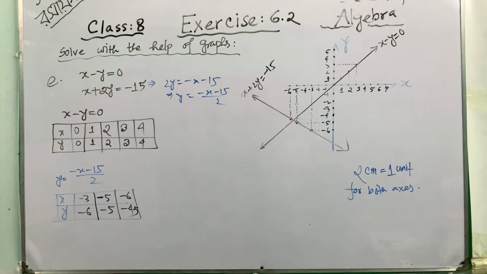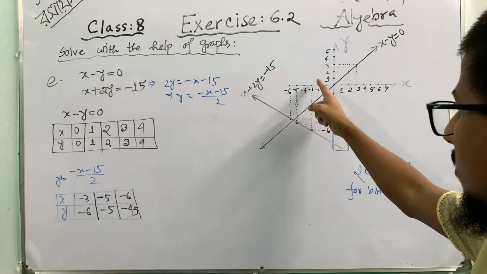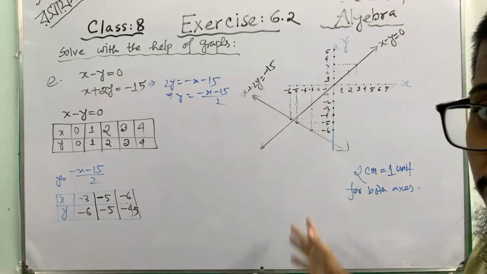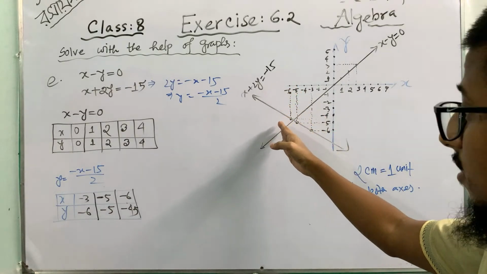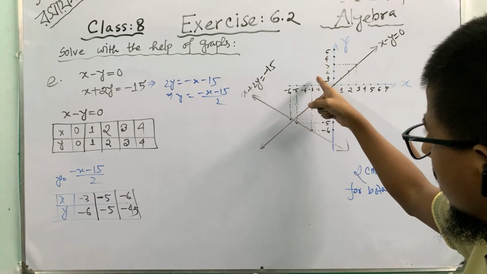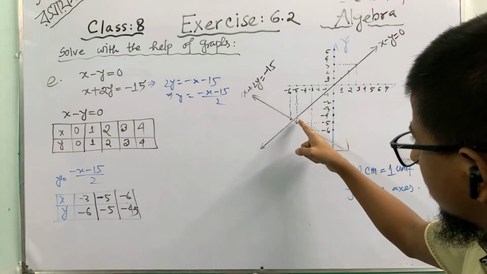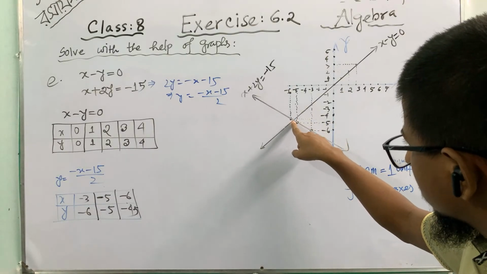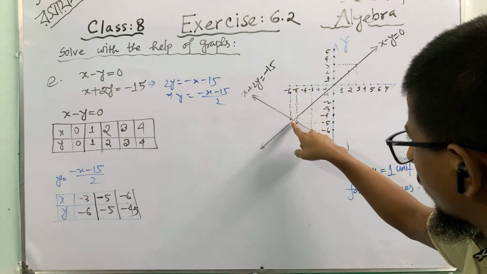Because I drew these lines with some error, especially this dotted line, these lines are not so perfect because I did not use any scale. You saw me doing this, right? So when you use proper scaling, you will see that this point intersects at x equal to minus 5 and y equal to minus 5.